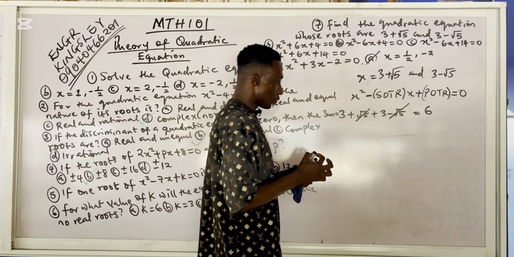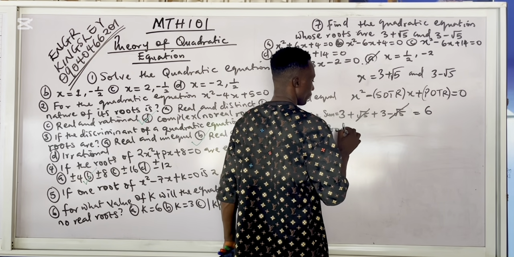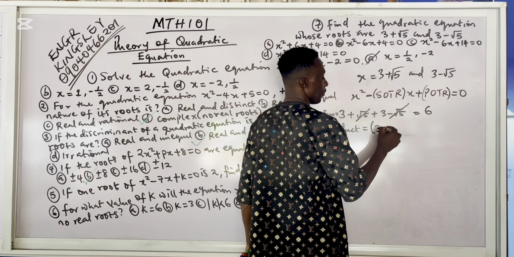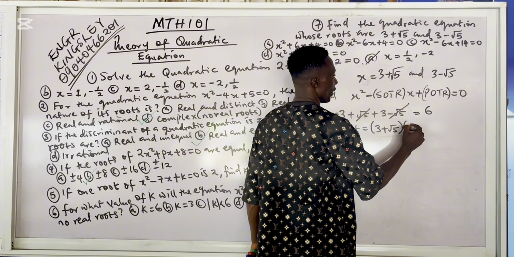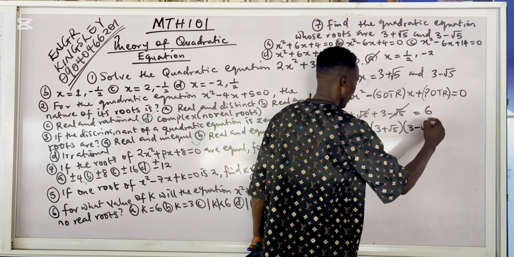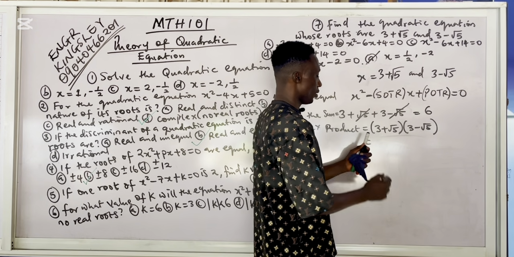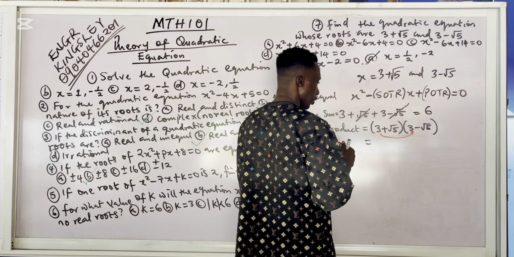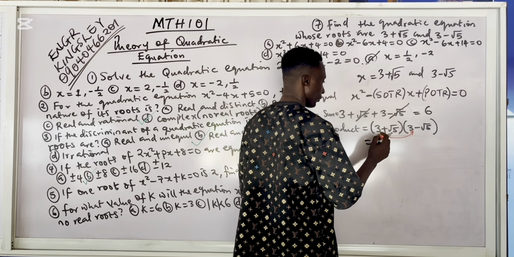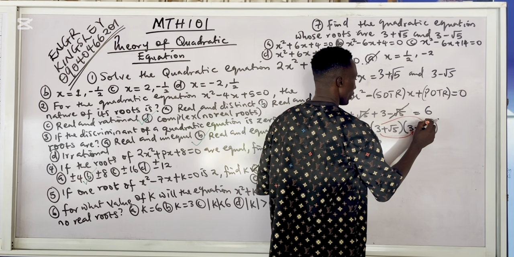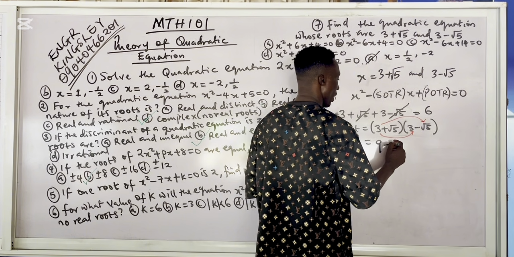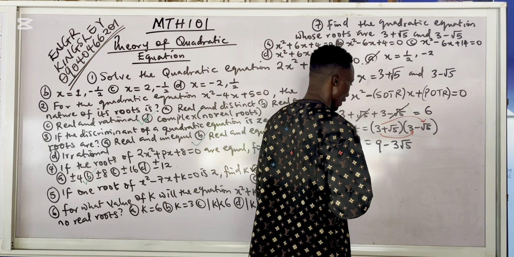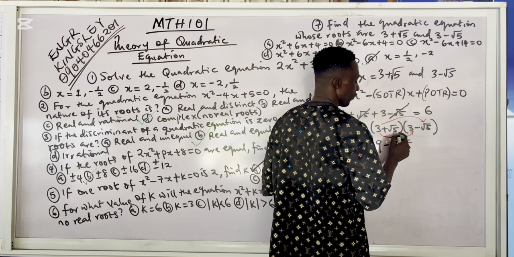Okay? So, what of the product? Product is multiplying the two given roots. You have 3 plus root 5 multiplied by 3 minus root 5. Okay? Let's multiply out. 3 times 3 will give us 9. 3 times minus root 5 gives minus 3 root 5. I'm done with 3, so I will go again. Root 5 is multiplying now.